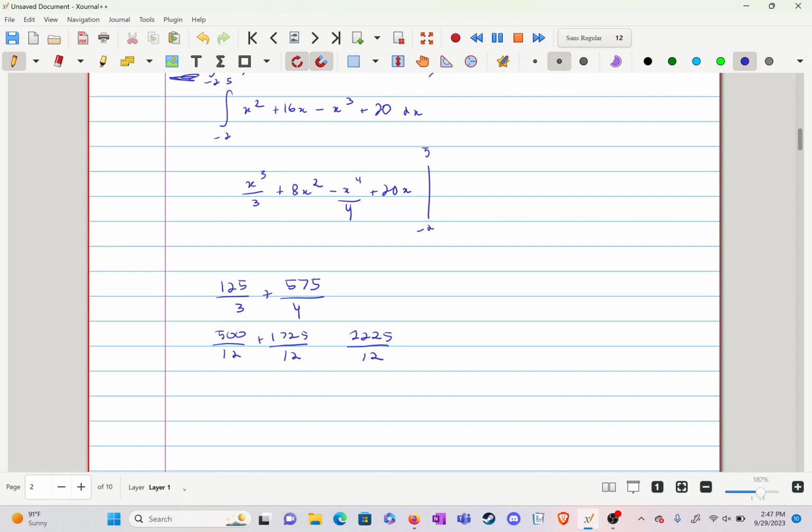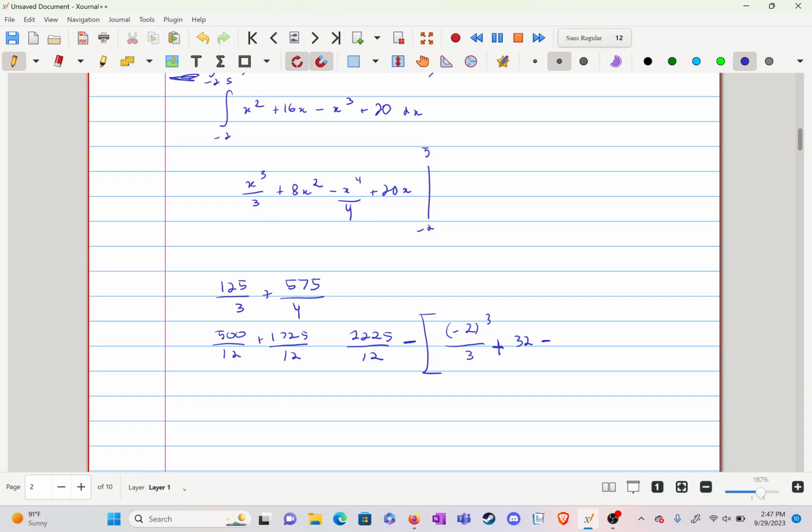Yeah, so we're going to move on to our negative 2 value here. So we have negative 2 cubed over 3. A negative 2 squared, which is 4. Positive 4 times 8, which is positive 32. And we have another one. So 2 to the 3 is 8. So 2 to the 4th is 16.